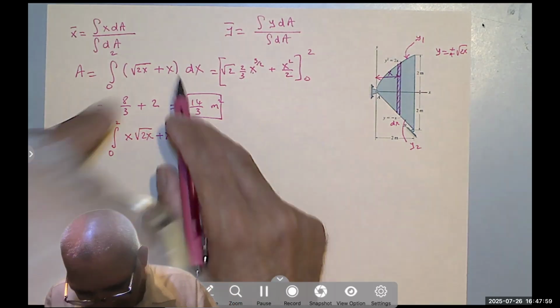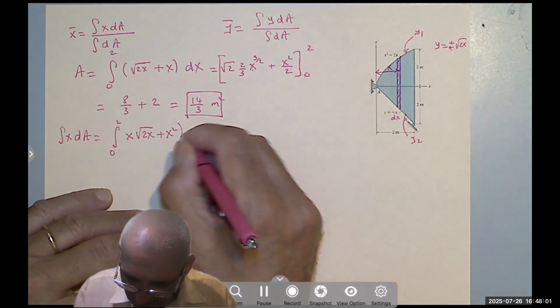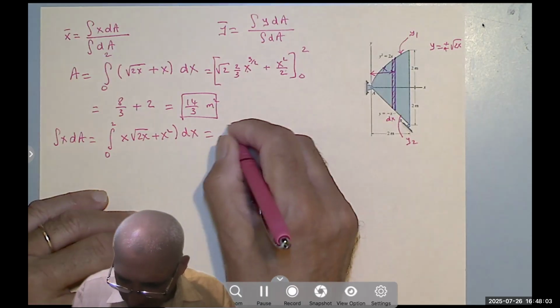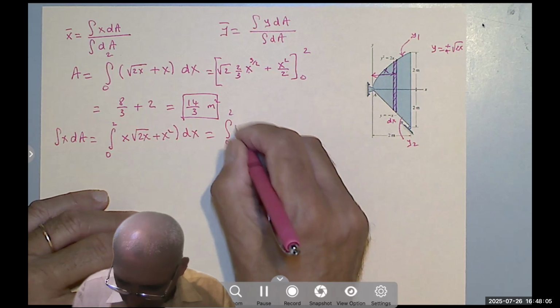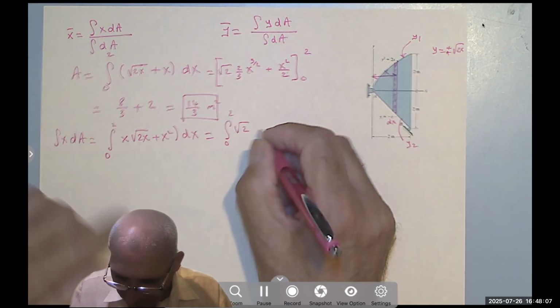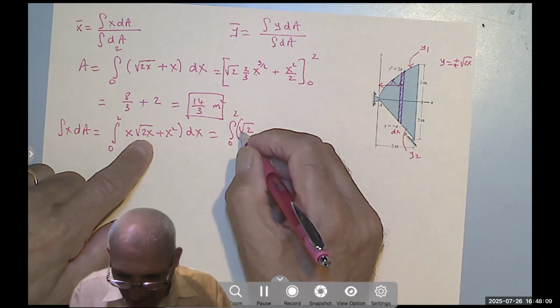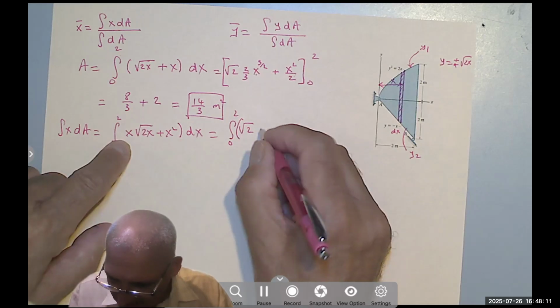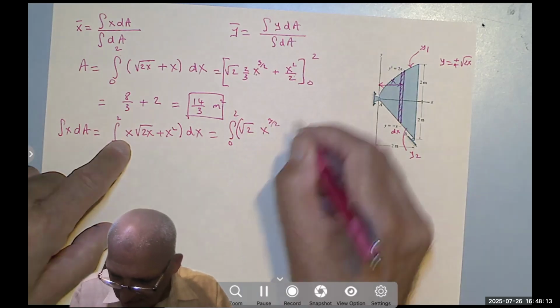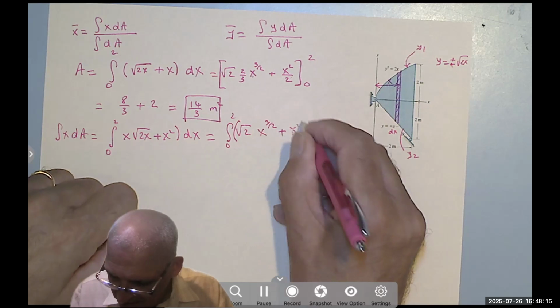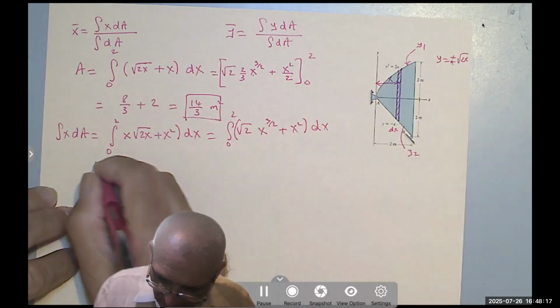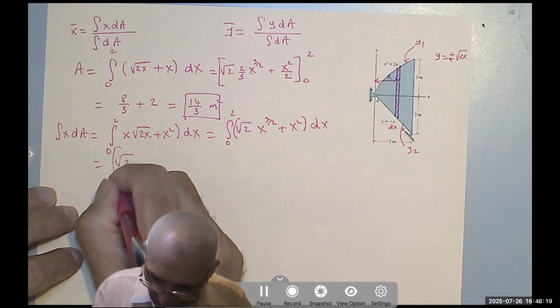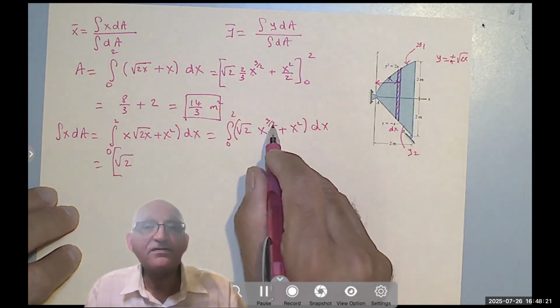So I multiply this function by x dx, meaning I can rewrite it as root 2 is a constant, x to the 1/2 times x is x to the 3/2, plus x squared dx. Root 2 times x to the 3 halves.